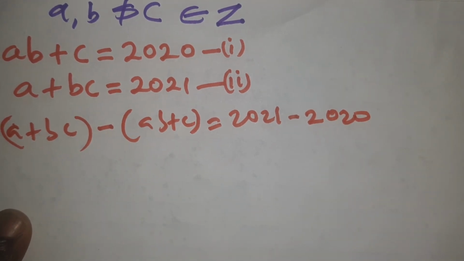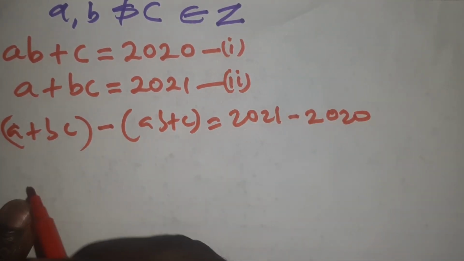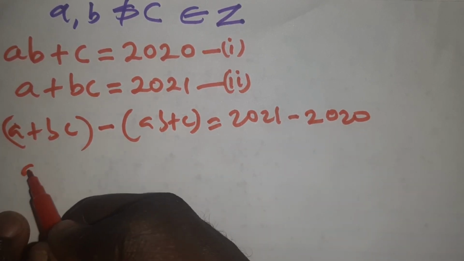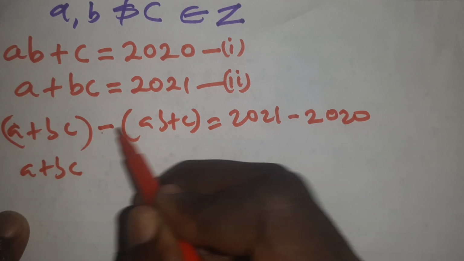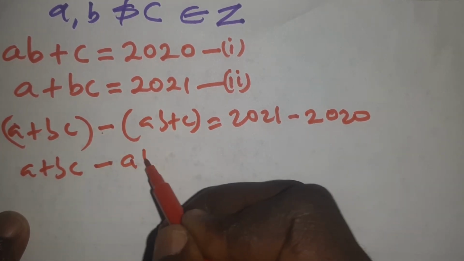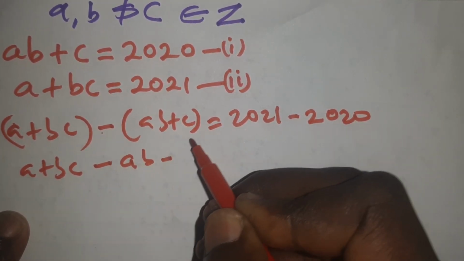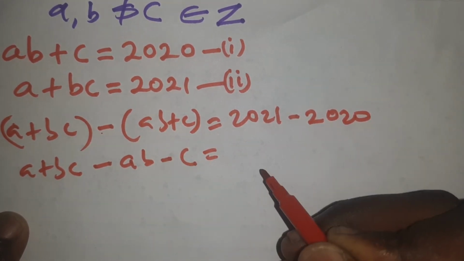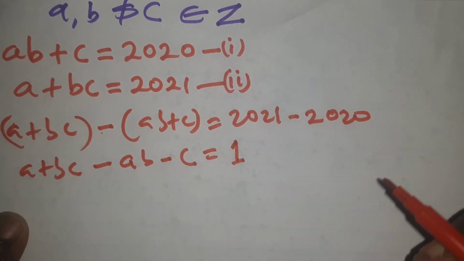This is how you subtract equation 1 from 2. Opening the bracket, A plus BC remains, then minus times plus is minus, write your AB, minus times plus is minus, write your C, equals 2021 minus 2020, which gives you 1.